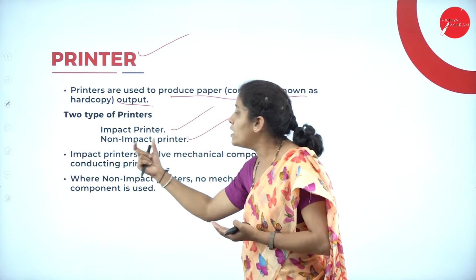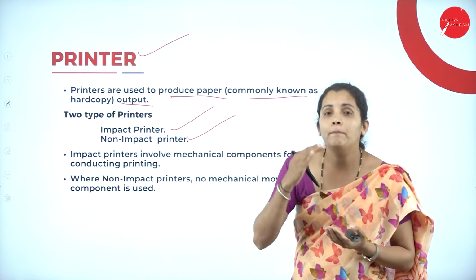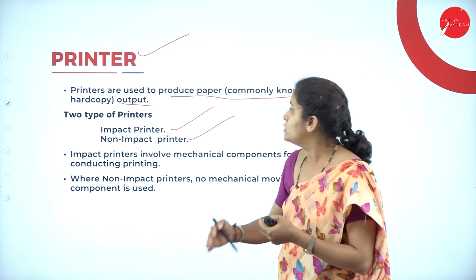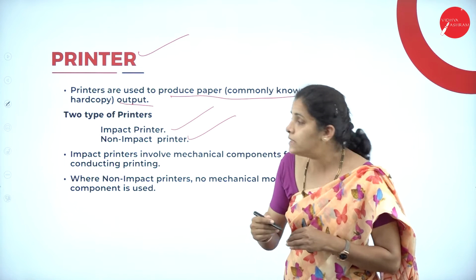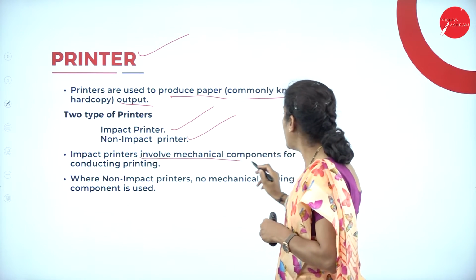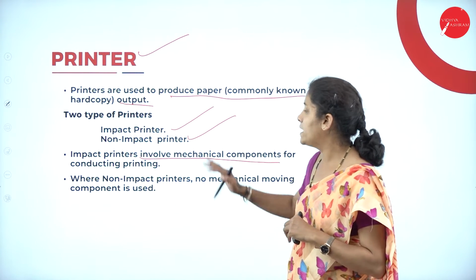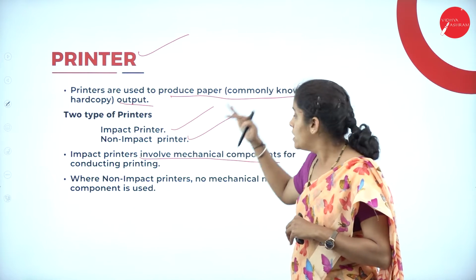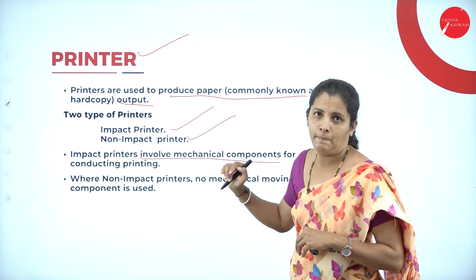Whereas in non-impact printer, there is no contact between paper and ribbon. In general, an impact printer is a printer that involves mechanical components for conducting printing.